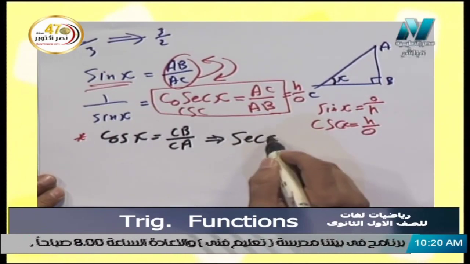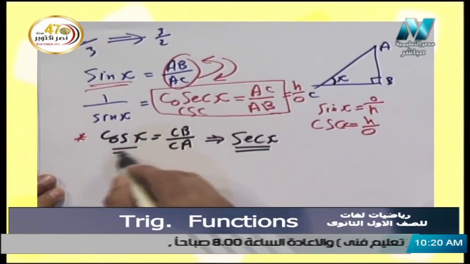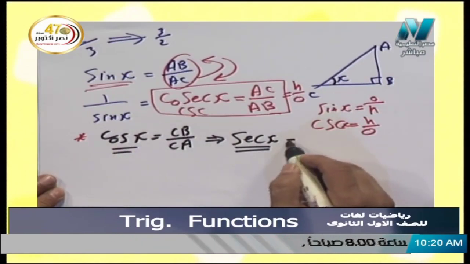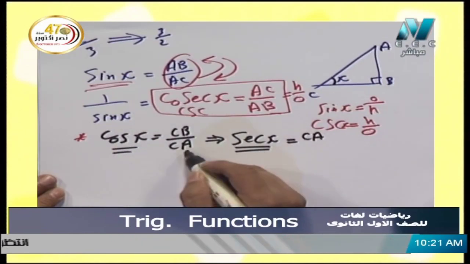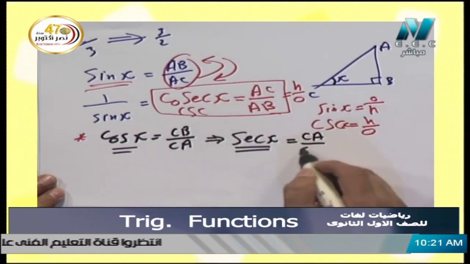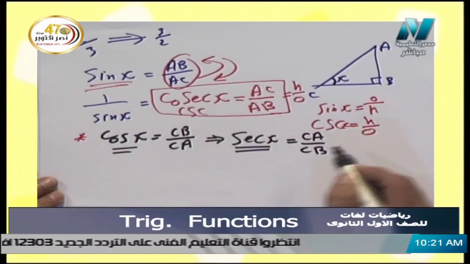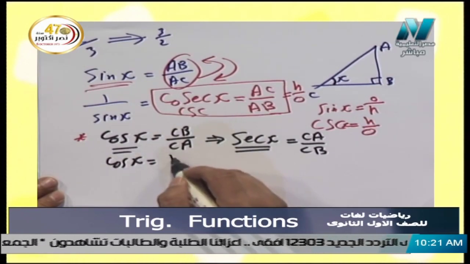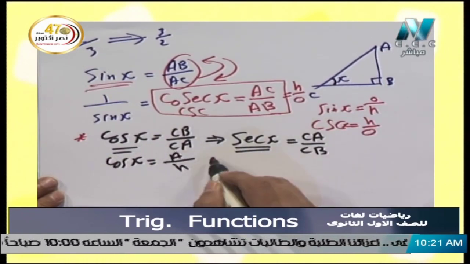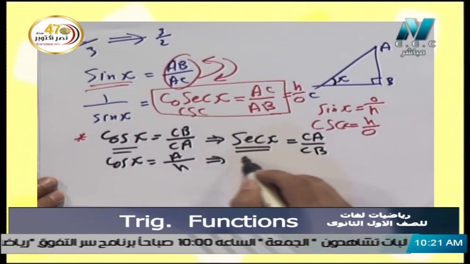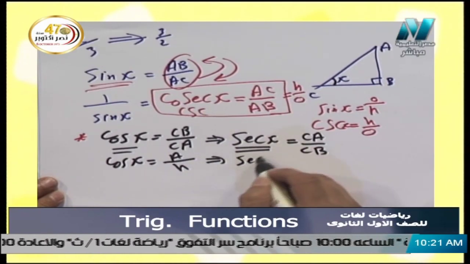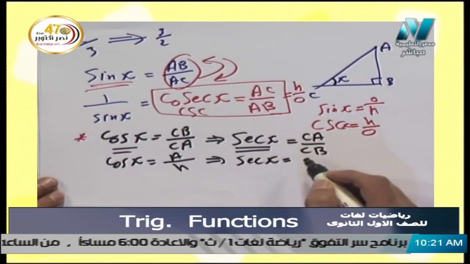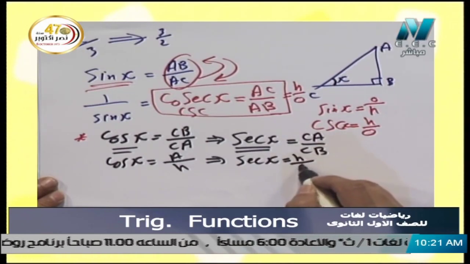Sec x is the reciprocal of cosine x, so it equals CA over CB, and cosine x we know equals adjacent over hypotenuse, so its reciprocal, which is sec, equals hypotenuse over adjacent.